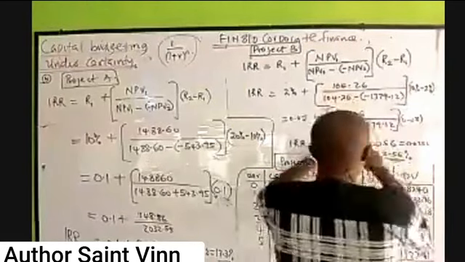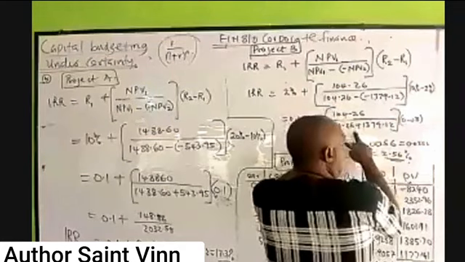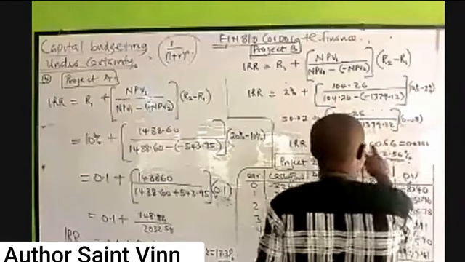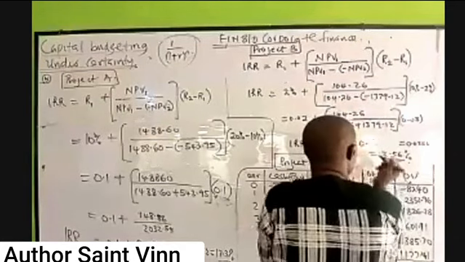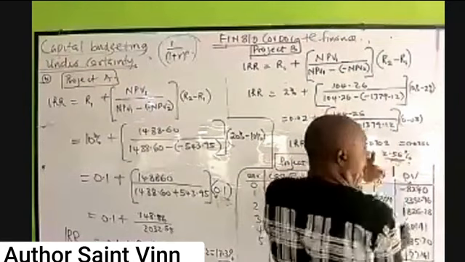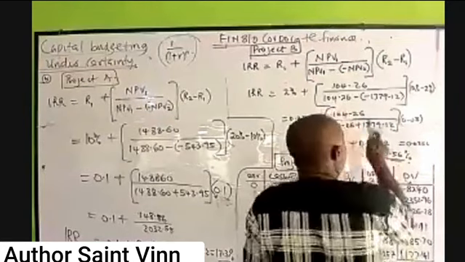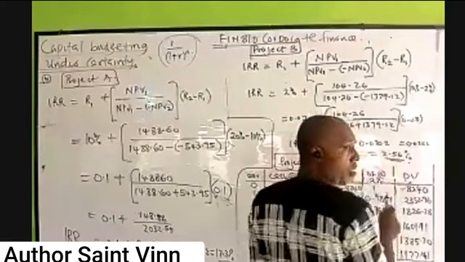Okay, there's an error, Abby. 104 divided by this times this, what do you have? 0.107. Is it like this? I mean, this divided by this times 0.08. Is it like this?